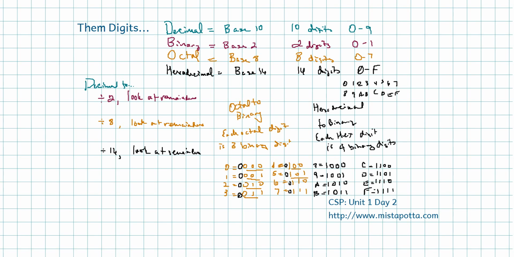Now, what we're going to be doing over the next few weeks is using this idea of transitioning back and forth between the binary, decimal, hexadecimal, and octal number systems. We have to be fairly fluent in this translation because the computer will be giving us numbers in all of these different forms. It'll give it to us in decimal because that's what we're used to.